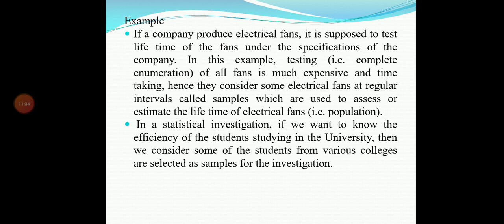and based on the information provided by the students selected from the various colleges, that is the samples, we assess the efficiency, that is the population characteristic, of the students studying in the total number of students in the university.